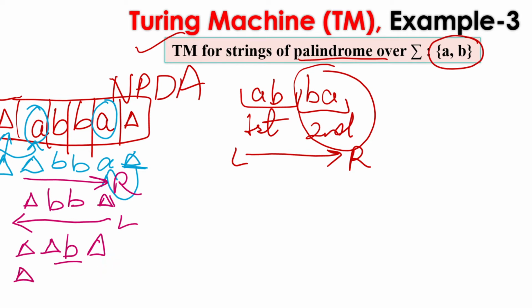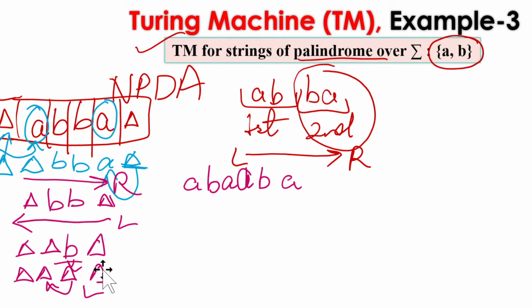So we replace this extreme right symbol with a blank, and again move to the left. In this way we can cancel out one symbol from the left and one symbol from the right, and this approach will end with all blanks on the input tape.